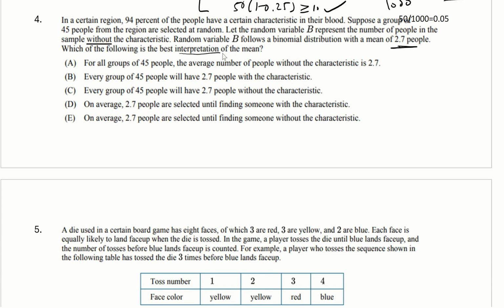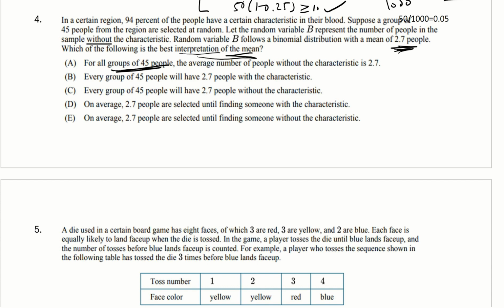We want to interpret the mean. Remember, the mean is the average, but we have to do this for multiple samples. So over many groups of 45 people in this case, because we took 45 people at a time. For all groups of 45 people, this is the mean.